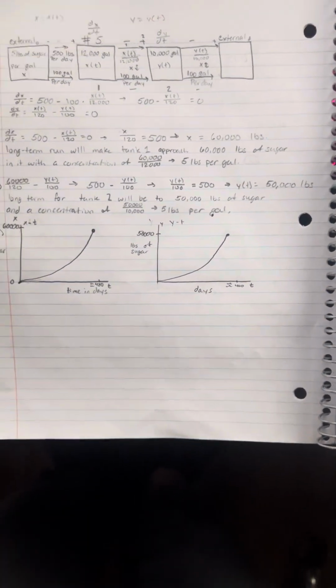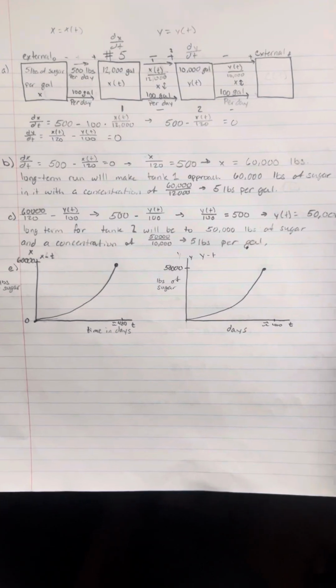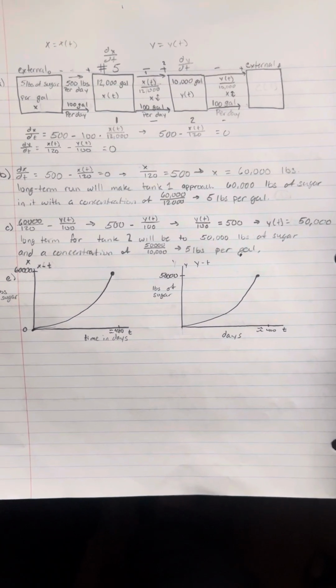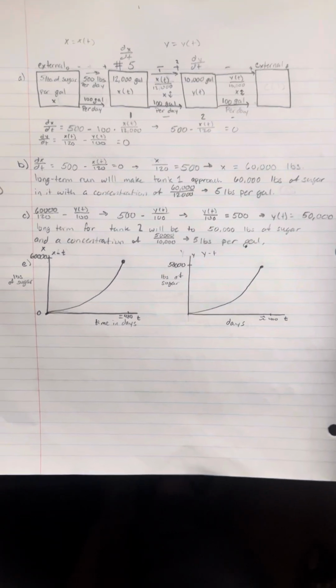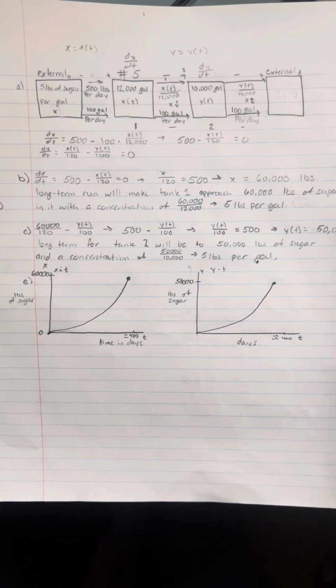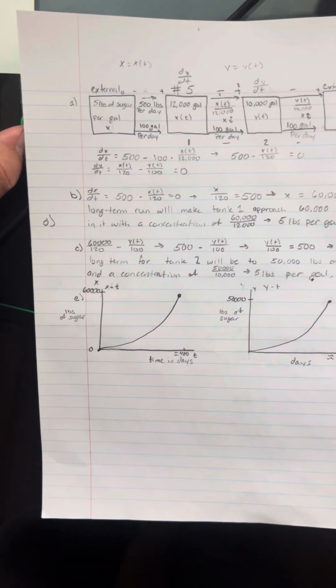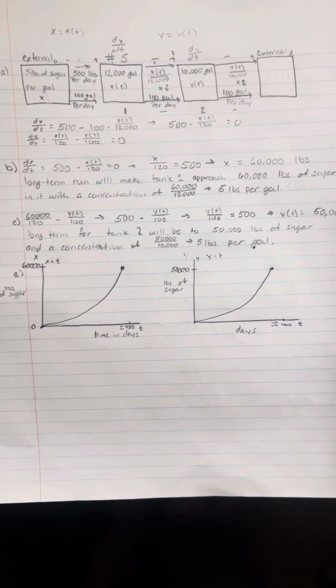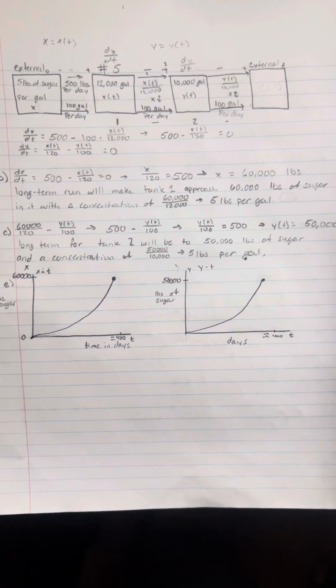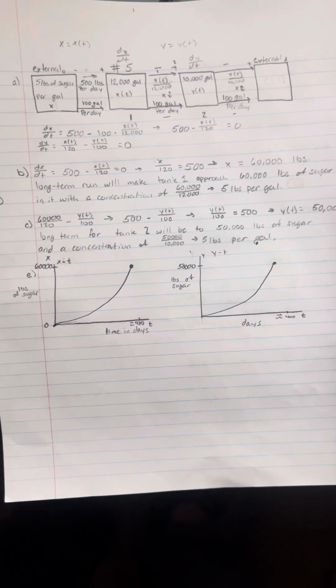And we see that as time goes on, x and y will eventually get to a point where they're no longer changing how many pounds of sugar they have, which will be the 5 pounds of sugar per gallon, as we see here. We solve all of that by just making a model with what we have.